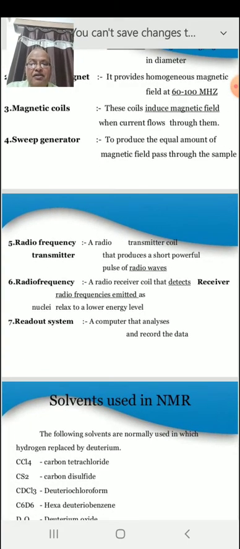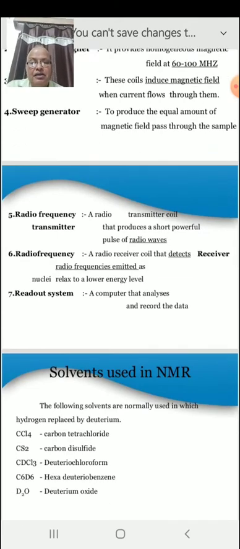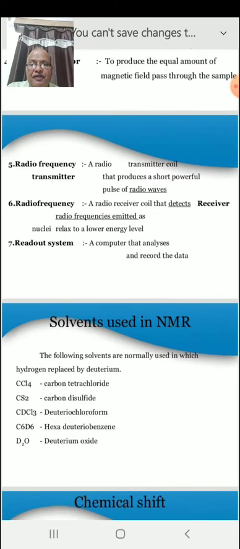In NMR, we use some solvents to carry out NMR studies. First of all, we would like to define and discuss the solvents of NMR.